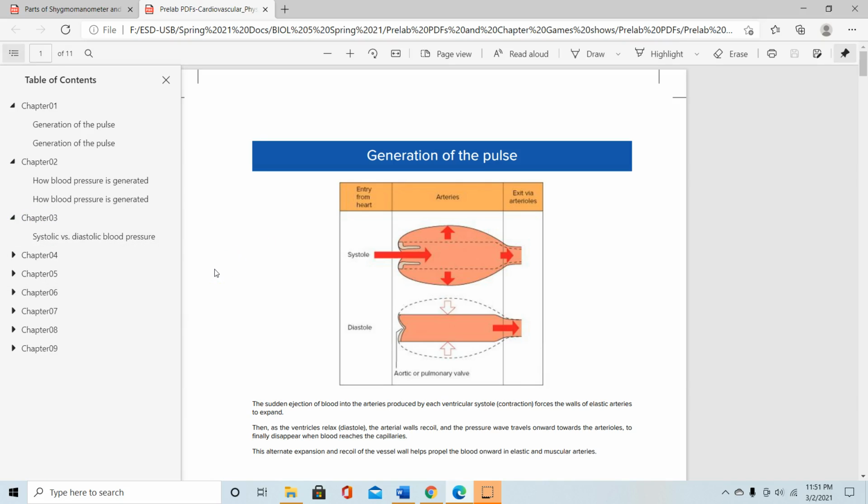When you see somebody's blood pressure, it is denoted by two numbers, one written above or before another, and the first number is always systolic blood pressure and the second is diastolic blood pressure. So we're going to talk about what is systolic and diastolic pressure.